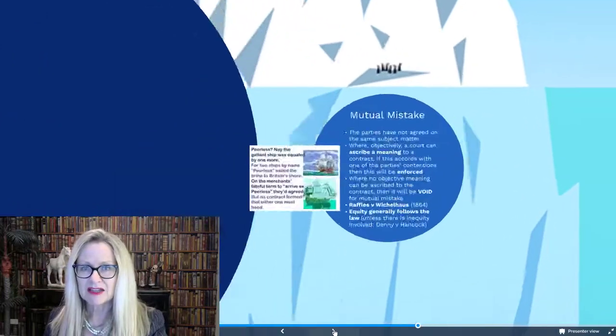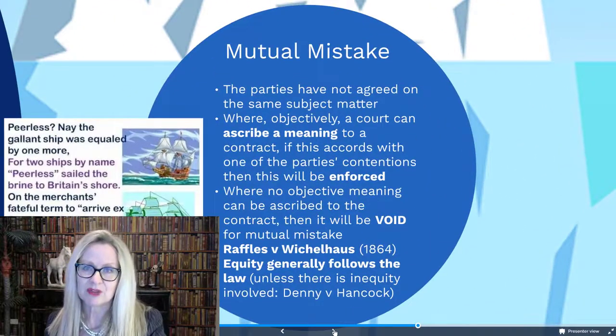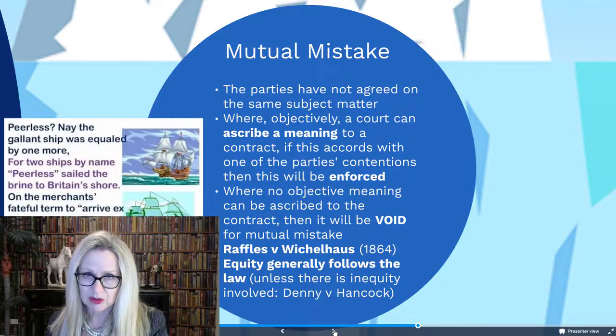And the main case that you need to think of here is Raffles and Wicklehouse. The thing with mutual mistake is it will never succeed if the court can make an objective interpretation of the contract. If they can do that and they can work out, well, one or other of the parties actually got it right, then the argument for mutual mistake will not succeed.